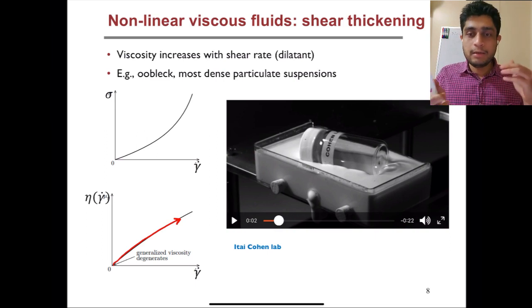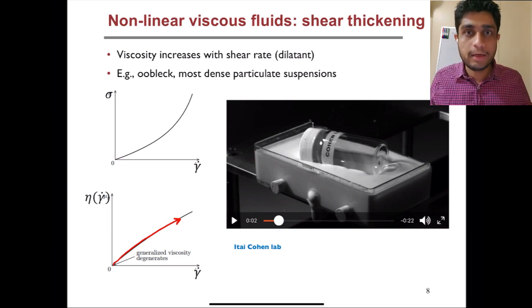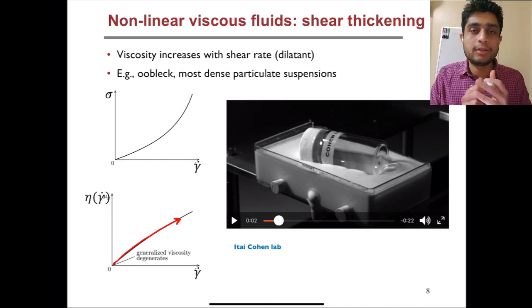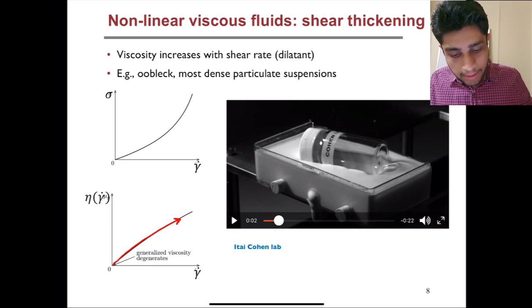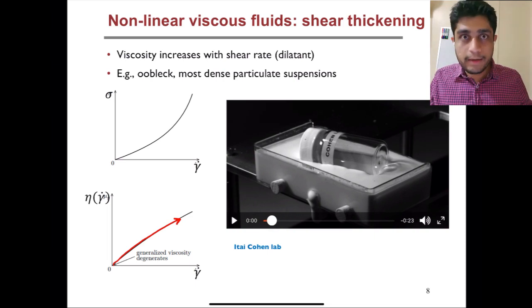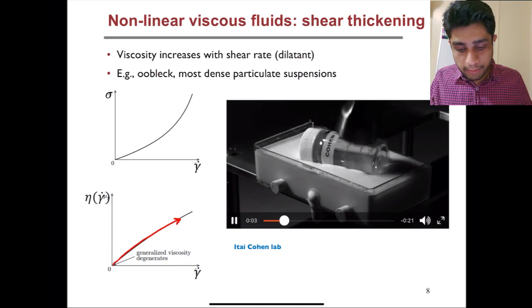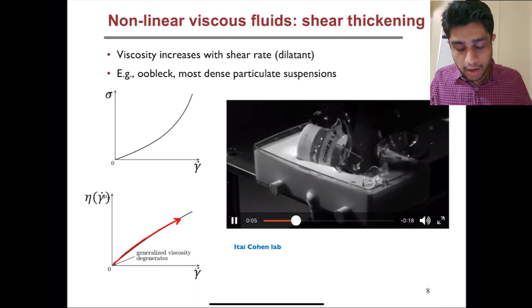So when it enters the material which is shear thickening, it gives rise to very high deformation rates, and because of that, the local viscosity in that material becomes very high, and it can stop the bullet, or it can absorb the shock. And that's exactly what's shown in this video. So this container contains oobleck, and it is hit suddenly with a hammer, and you can see how well it can absorb the shock.